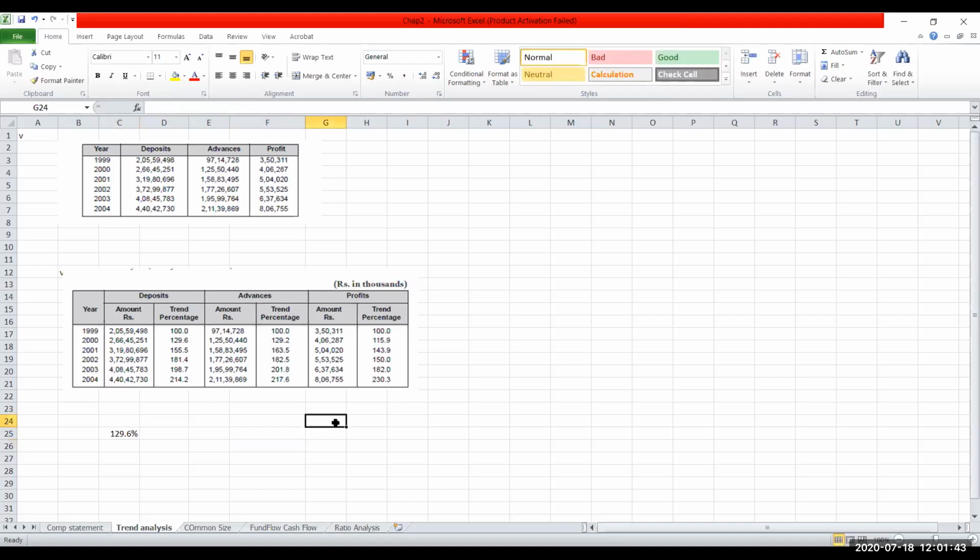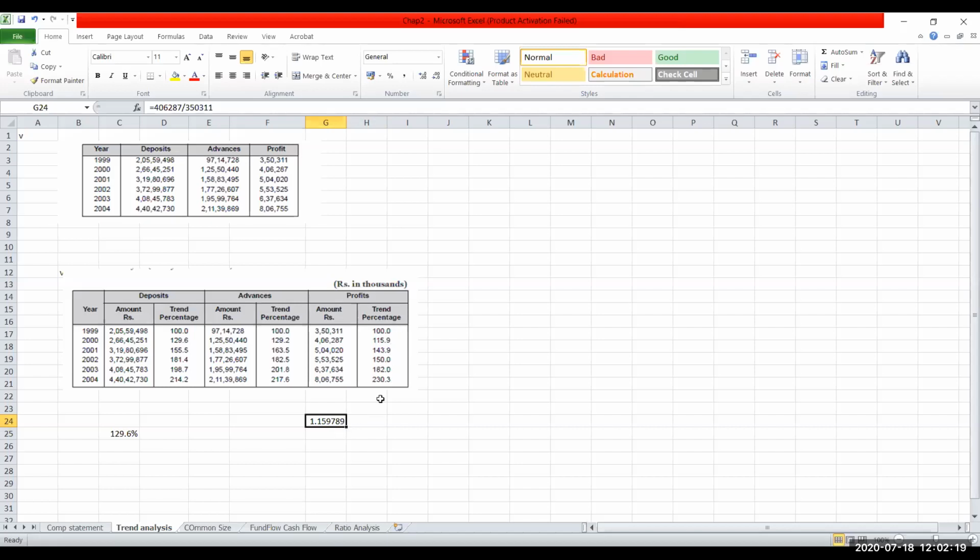For example, this 406, 287 divided by, this is the base, 350 is the base for me, 311. So it is coming to 115.79 in the next year.